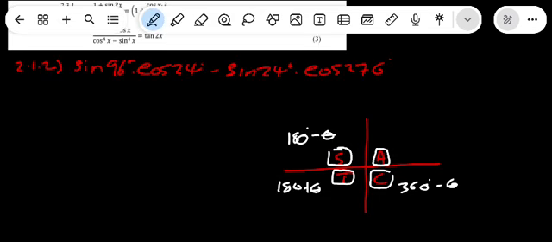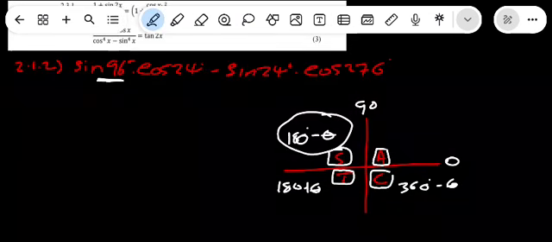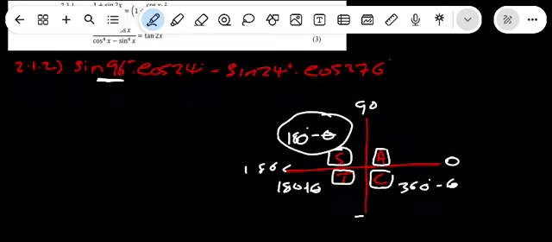All right, so we're given sine 96. Where does sine 96 lie? It is on the second quadrant, because we start from 0, then 90, 180, 270. So 96 lies on the second quadrant.